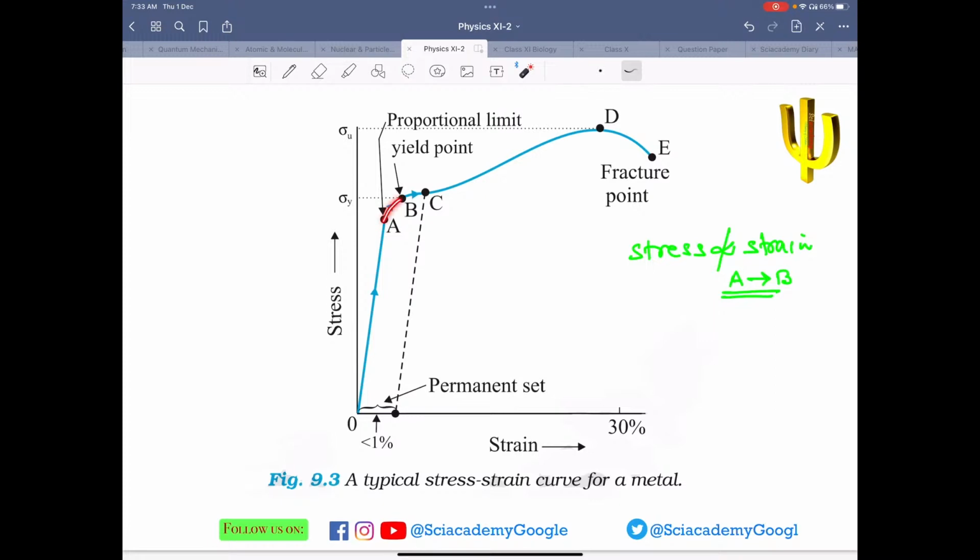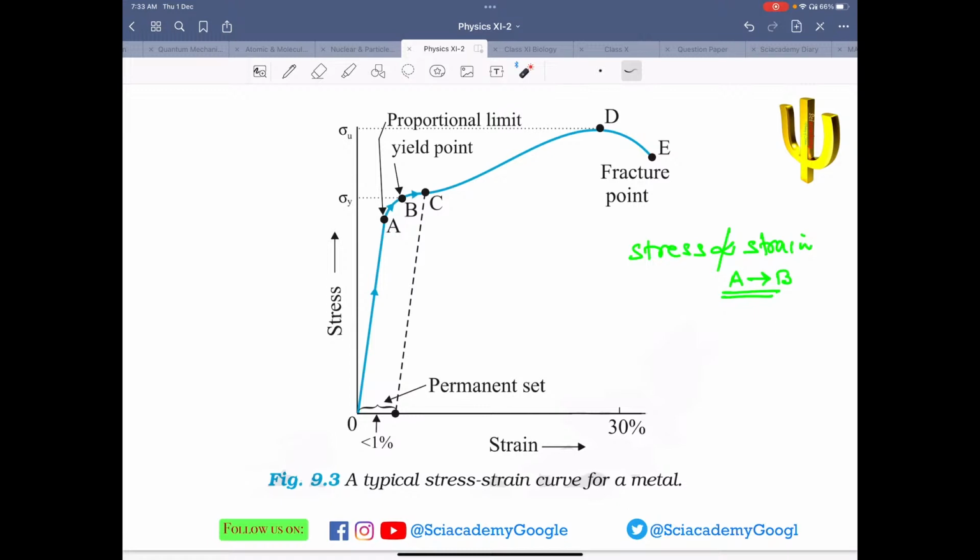When we remove the external force, the body restores its original dimension. But the linearity and proportionality relationship between the stress and strain is not followed for this region A to B.